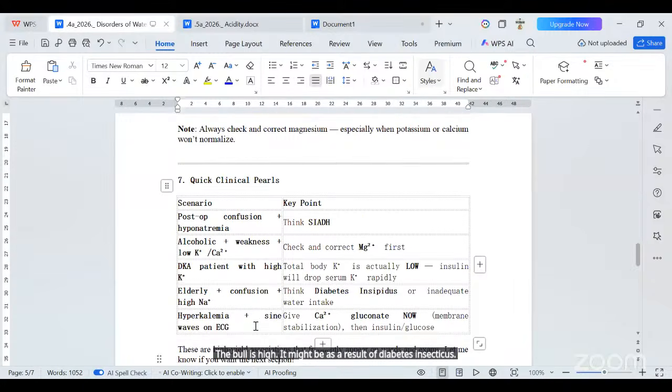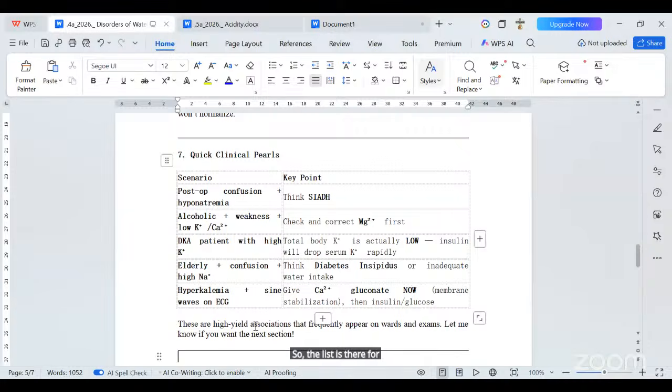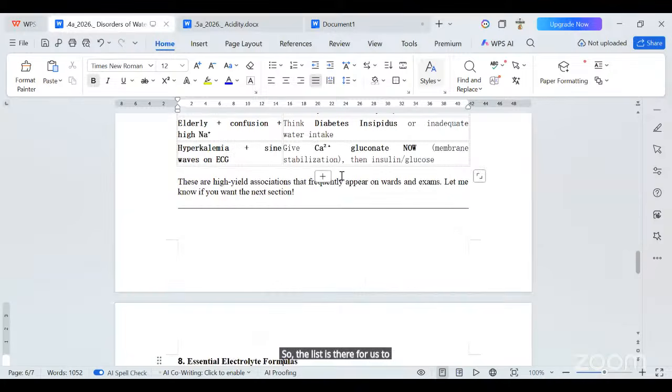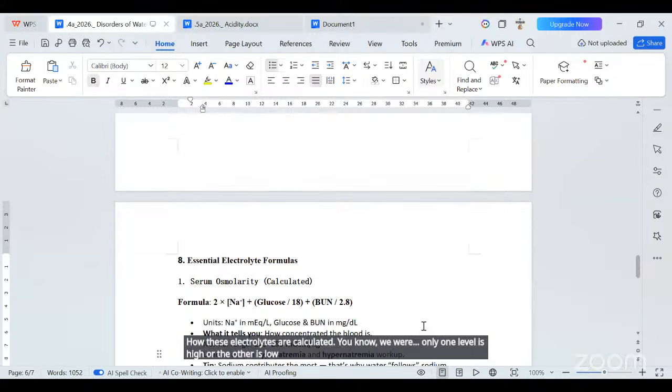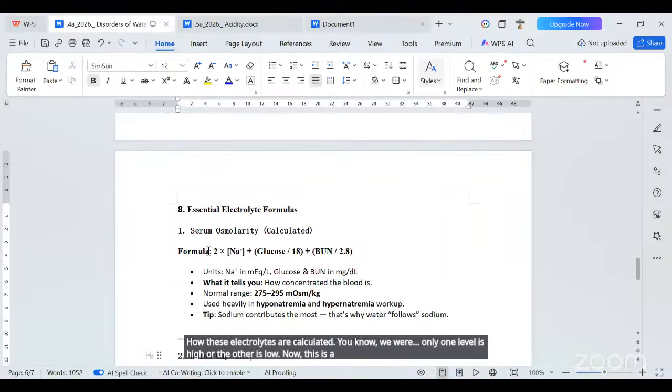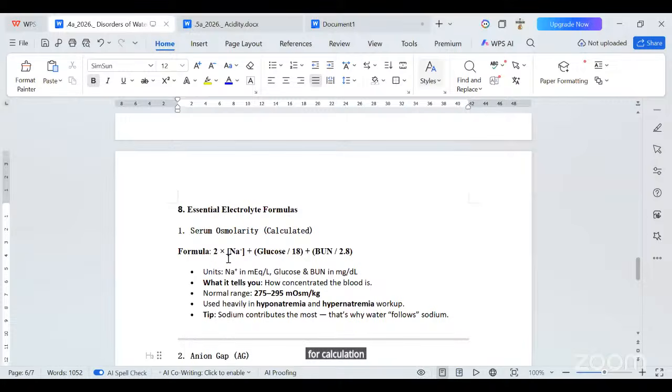So the list is there for us to take cognizance of. While we now go to how these electrolytes are calculated. You know, we were saying if one level is high or the other is low. Now, this is the formula for calculation of each of these levels.